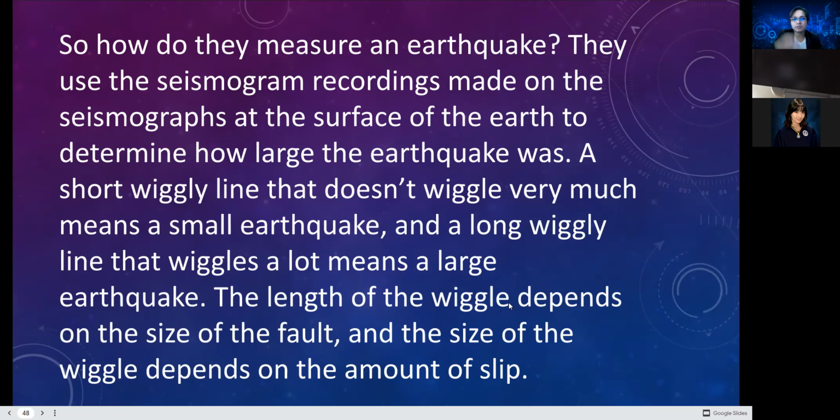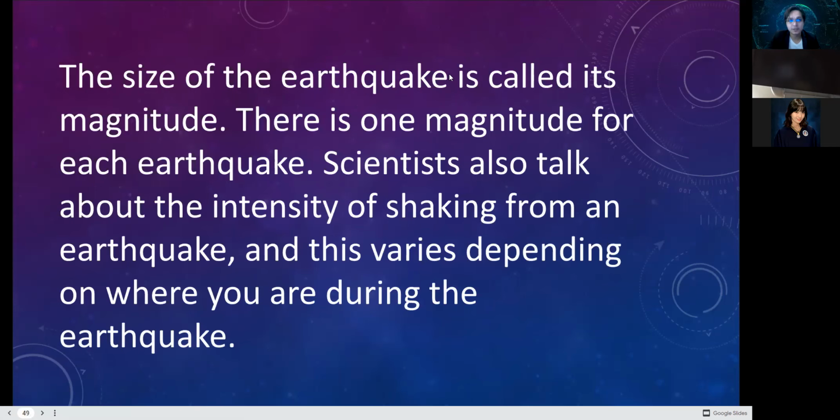So if it is really short, then it is just a small earthquake. And a long wiggly line, which wiggles a lot, means a large earthquake. The length of the wiggle depends on the size of the fault, and the size of the wiggle depends on the amount of slip. That's how we measure an earthquake.